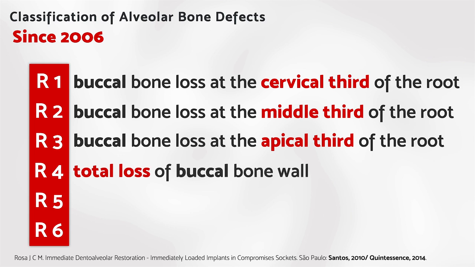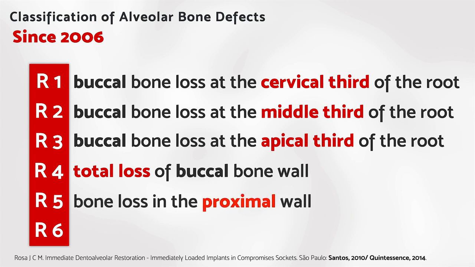R4, when we have total loss of the buccal bone wall in combination with gingival recession. R5, when we have bone loss in the proximal wall, either in the mesial or distal aspect. And R6, the bone loss at the palatal aspect.